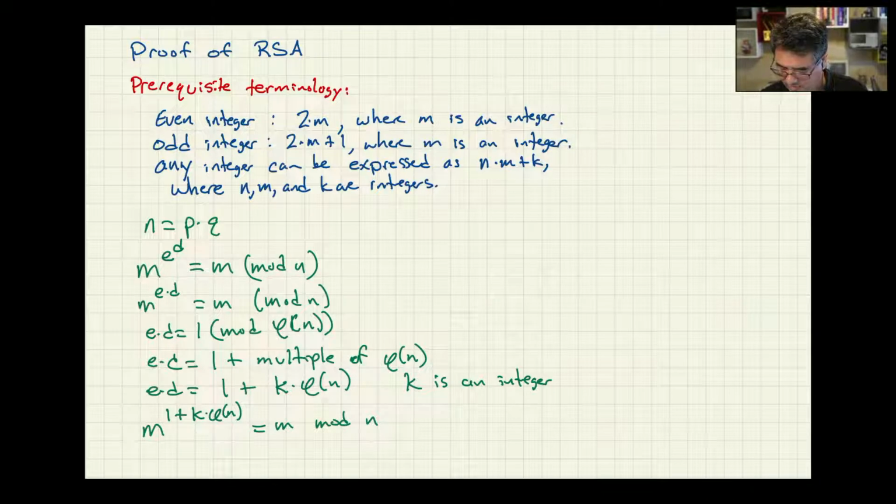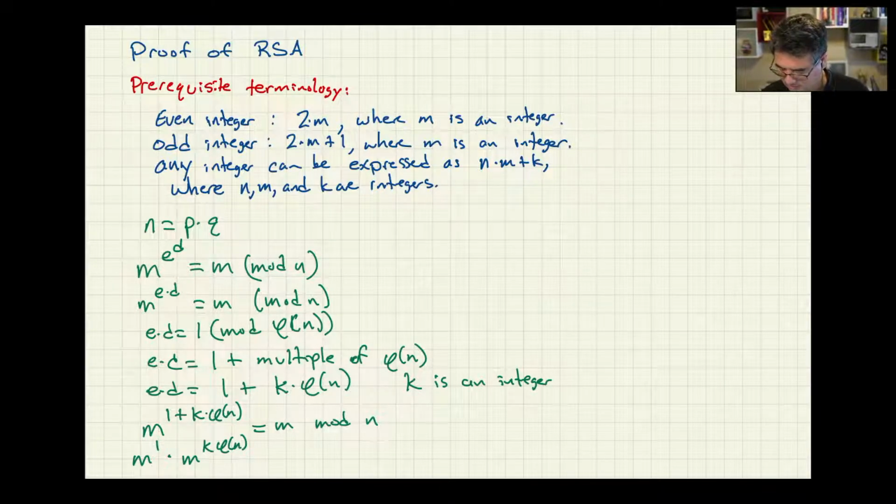And then when you have an exponent that is a sum, you can split that exponent up into two parts. So we end up with m to the 1 power times m to the k totient of n, mod n. And then, of course, this 1 just falls away, right?